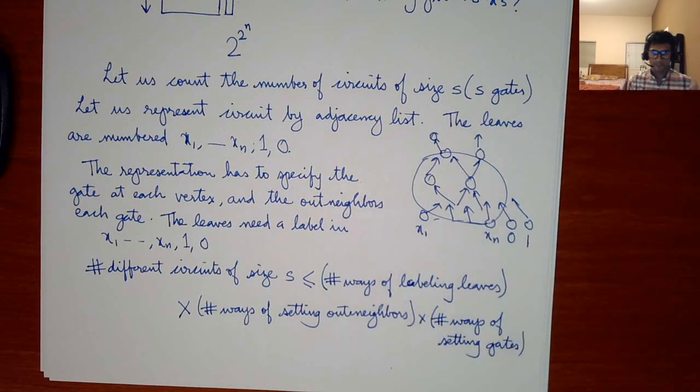So it's the number of ways of labeling the leaves, and the number of ways of selecting out neighbors. We could imagine that these vertices are all labeled 1 to S.